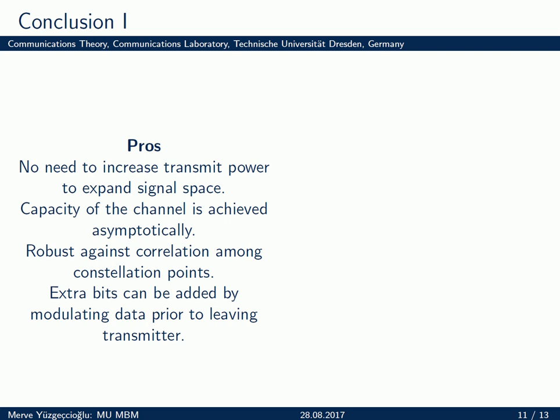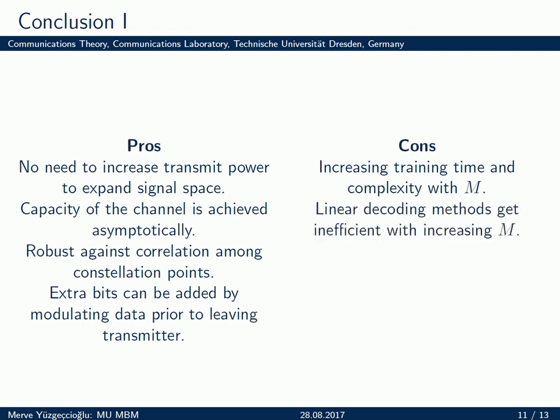This study was only focused on media-based modulation, but we can always add more bits by also including one of the conventional modulation schemes like QAM, QPSK, it doesn't matter. The disadvantages are that when we increase the size of the constellation diagram, we also increase the training time and the complexity of the system.